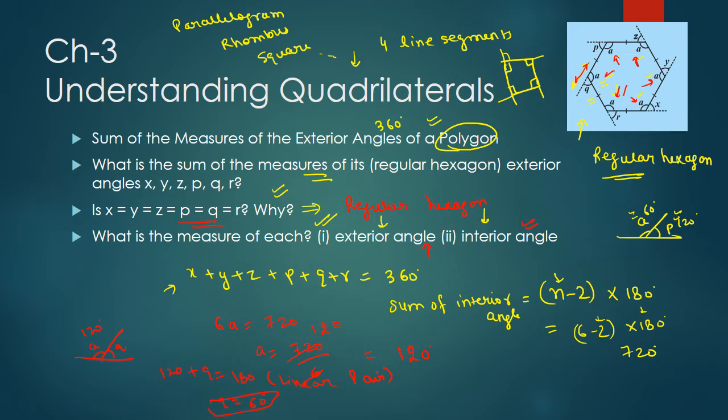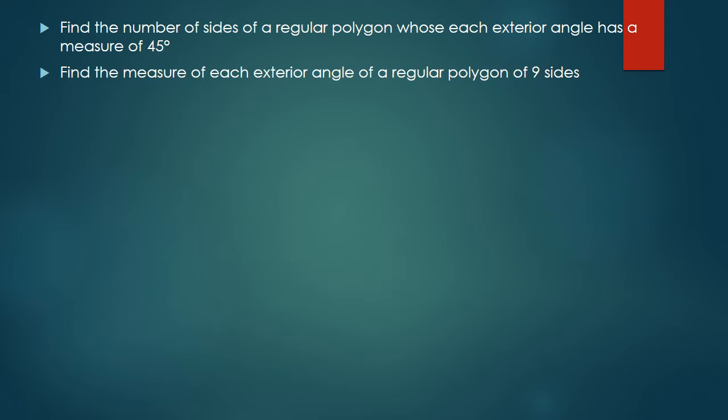Moving on to the next part. Now you have to find out the number of sides of a regular polygon. That means we don't know whether it is a 6-sided figure, that is a hexagon, or a 5-sided figure, pentagon, or a 3-sided figure, triangle, or a 7-sided figure, heptagon. But it is asking to find the number of sides when the exterior angle is given.